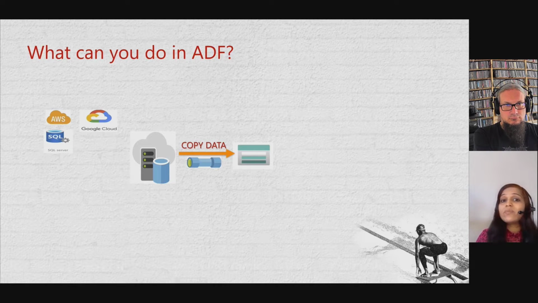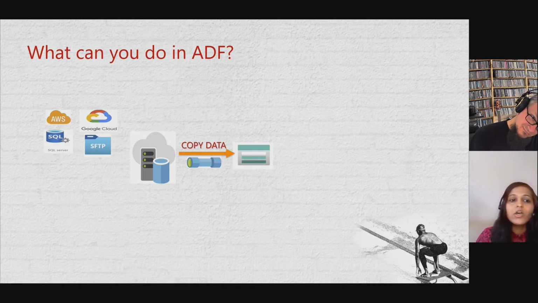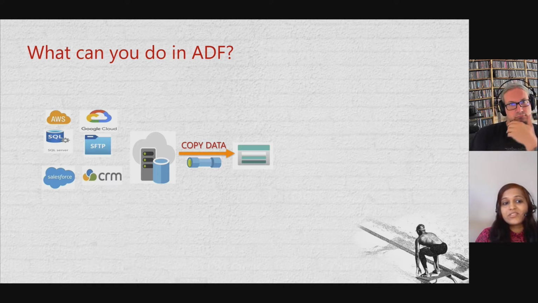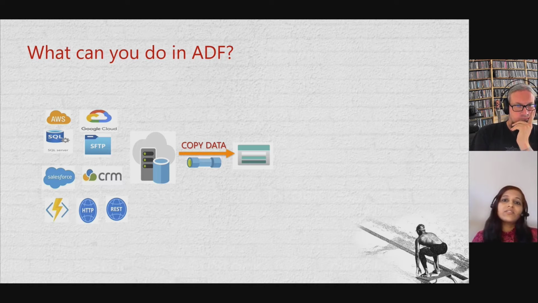Your source can be from an on-premise system, for example, SQL Server, Oracle Server, or SFTP. Your source can be a SaaS system, Salesforce and CRM 365. It can be a custom activity like Azure Function, HTTP web call, or REST API, and many more. So these are the sample sources you have.